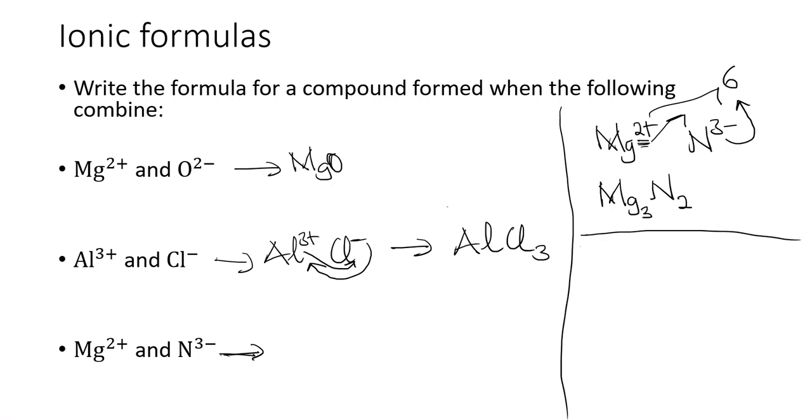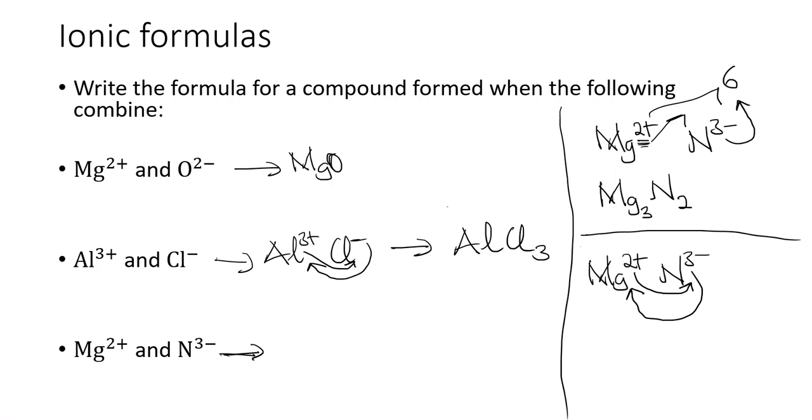Another way, as I showed you before, is you can just have 2 plus here and 3 minus. You transfer this 2 down here, you transfer this 3 down here. So you do that, you ignore the charges when you make the transfer. You just transfer the numbers only.